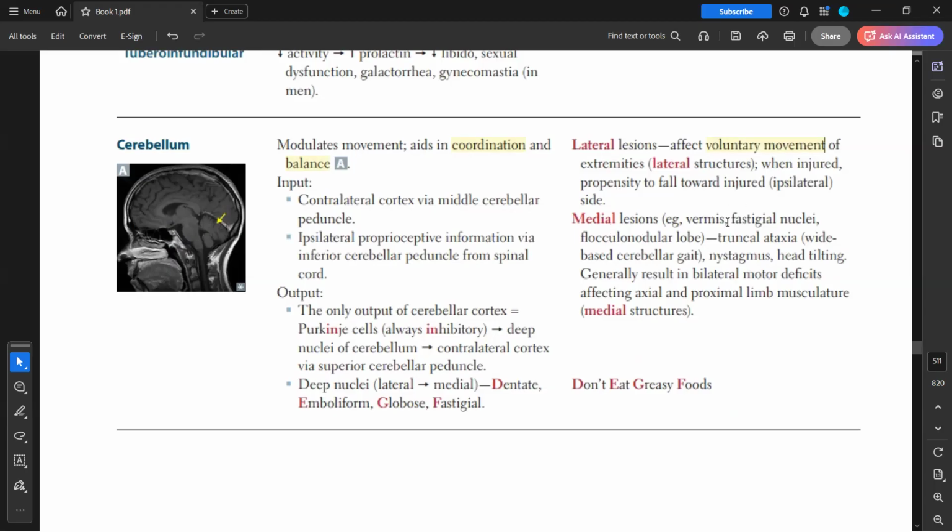Medial lesions, like at the vermis or fastigial nuclei, cause truncal ataxia and a wide-based cerebellar gait. This is a specific kind of gait that happens. Head tilting generally results in bilateral motor deficits affecting axial and proximal limb musculature. These are the medial structures.